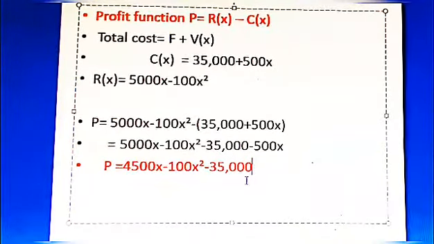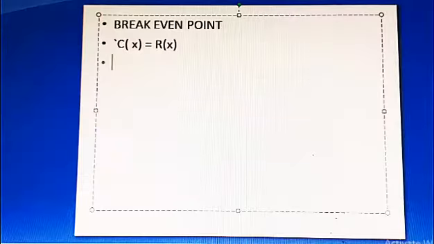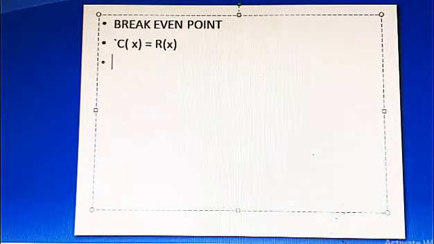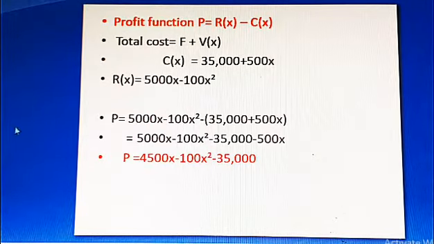Okay. Next, what we have to do, we have to find the break-even point. For the break-even point, R of x will be equal to C of x, because P will be equal to 0. Okay, so same thing we will apply at the break-even. Now we'll see how to calculate the break-even point. At break-even point, C of x is equal to R of x. Okay, what is the total cost we got?